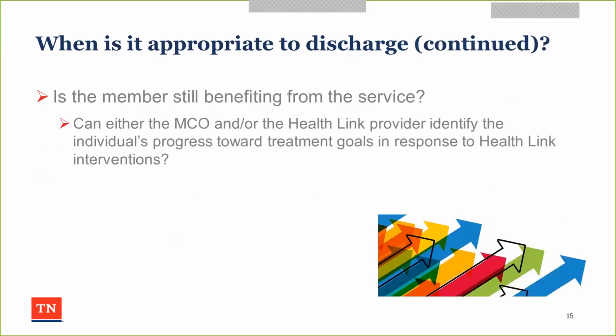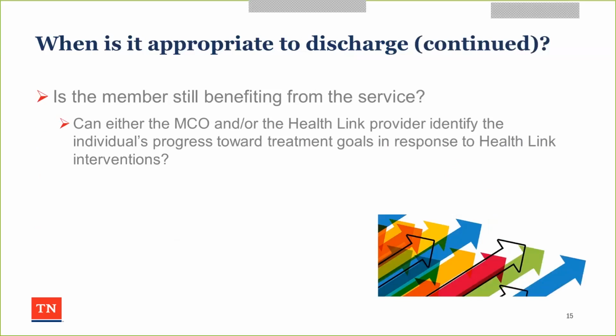And so this next slide, again, is: is the member still benefiting? The way that we look at this, speaking as someone that has been conducting the THL engagement evaluations and coming from the clinical background, we want to be able to identify in the member's chart, in the documentation, is there progress toward the treatment goals?